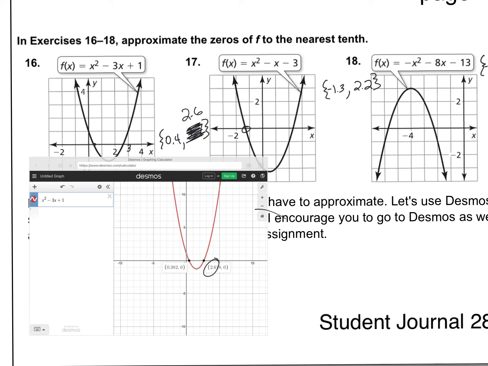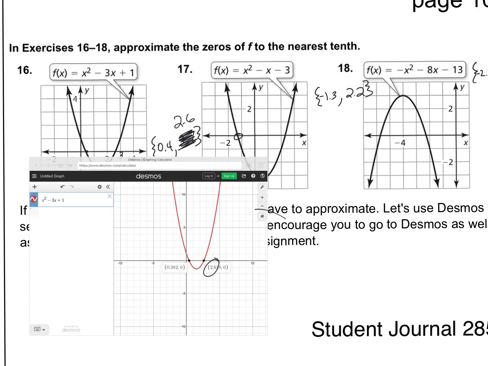Go back to my pointer. Okay. I need to erase that. X squared minus x minus 3.